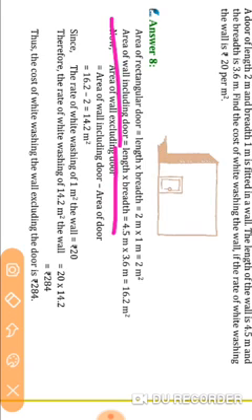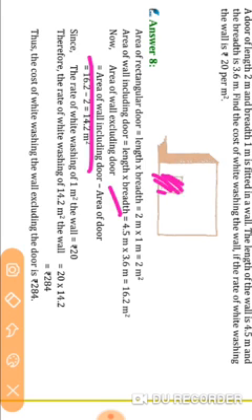Length into breadth, 4.5 into 3.6, is 16.2 meter square. Area of wall excluding the door means leaving the door, because we cannot whitewash the door. So area of wall including door minus area of door: 16.2 minus 2 is equal to 14.2 meter square.